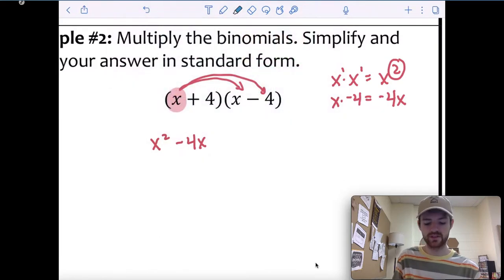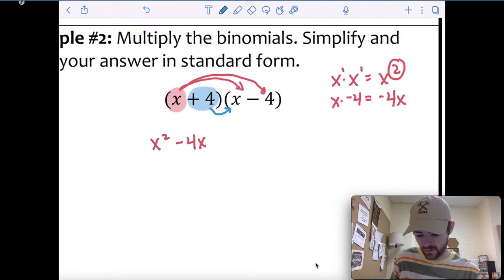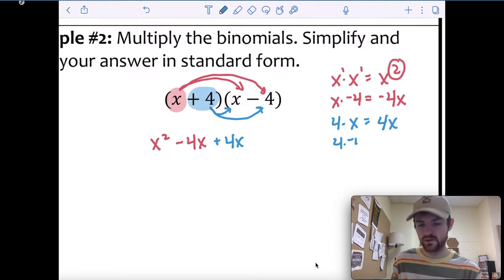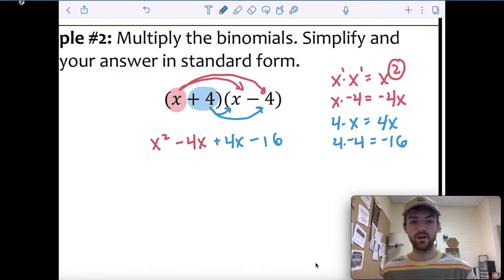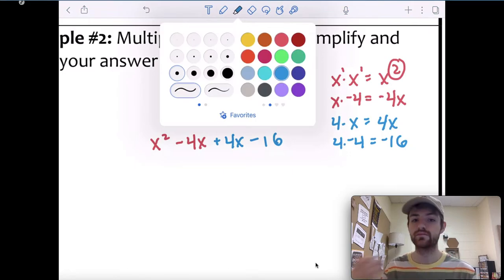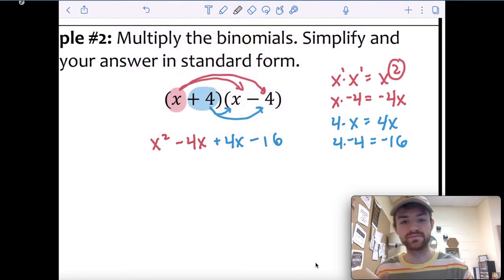Now we do the other distribution with our plus 4. So we have plus 4 times x, which is just 4x. And we have 4 times negative 4, which will end up being negative 16. Once we've done that, we combine any like terms. Do you see any like terms here?